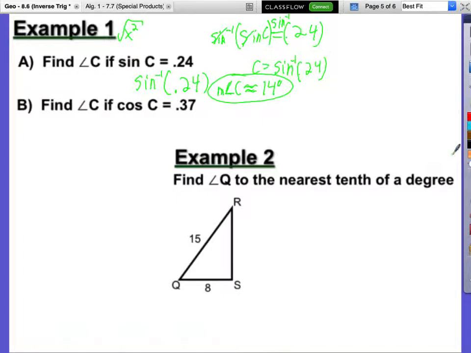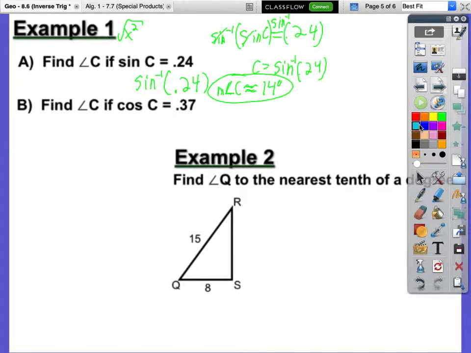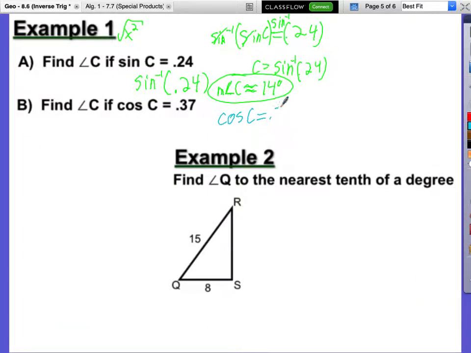Okay, let's bring your attention back up here. If we have cosine of angle C is equal to 0.37, how do we get angle C by itself? Use the opposite, inverse cosine. We have to take the inverse cosine of both sides, because the inverse cosine and cosine undo each other.